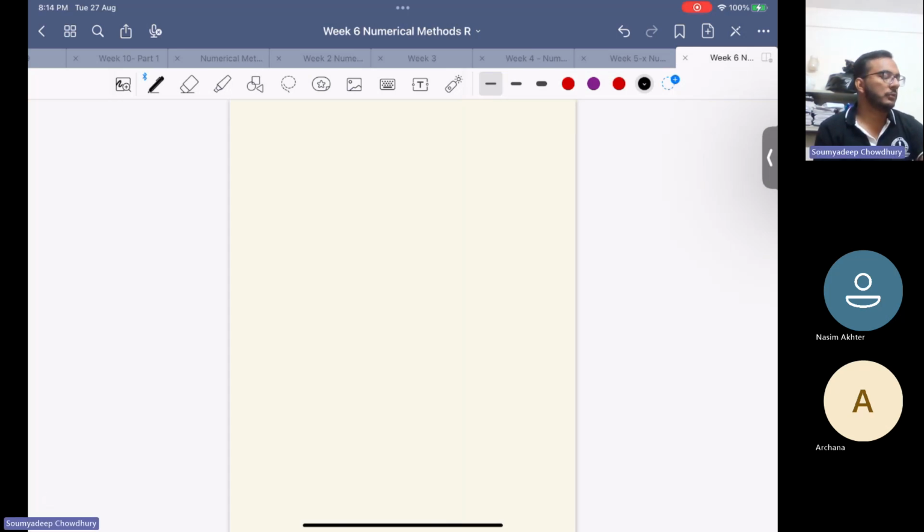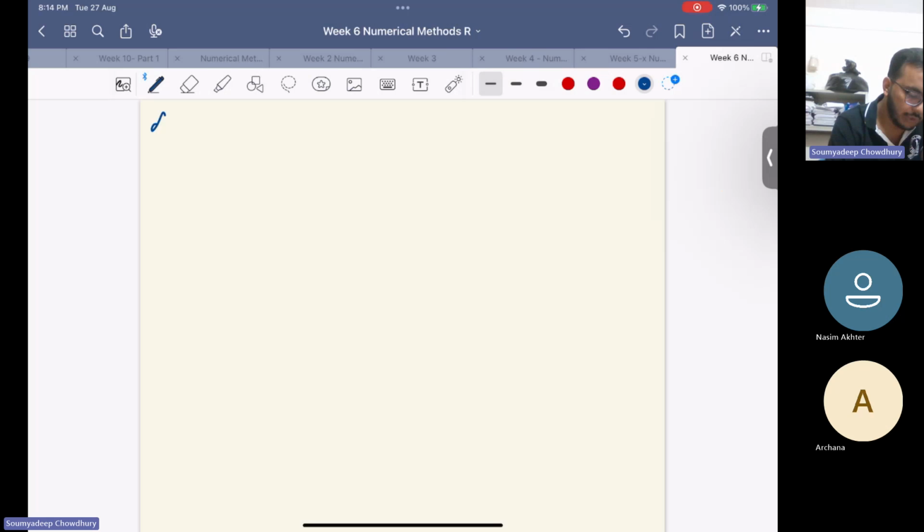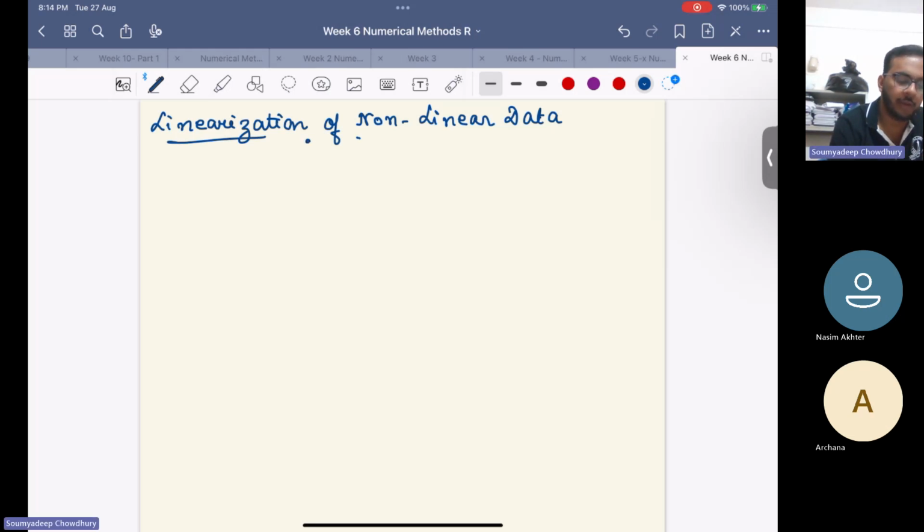So now we will move to a new topic based on regression only. We'll see how to linearize non-linear data. Suppose you have data which you cannot fit in the form of a straight line.